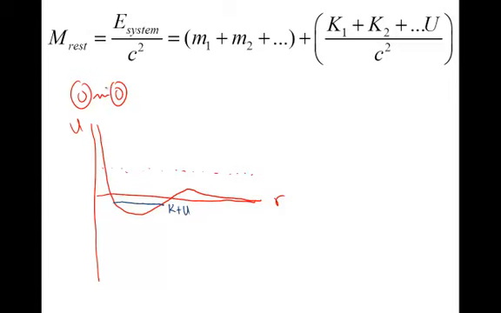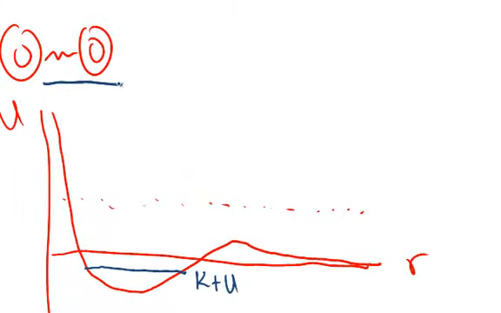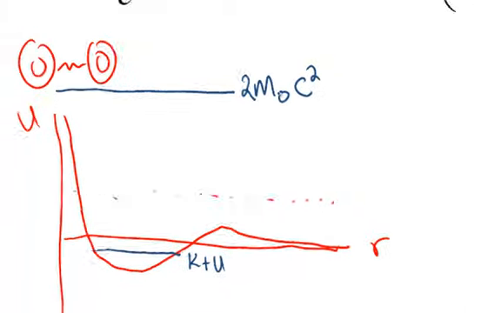Now, for these two atoms, if we just look at the energy associated with the sum of their two rest masses, so this is not exactly to scale, but let's say that this is the mass of an oxygen atom times 2 times c squared. So this is twice the rest energy of an individual oxygen atom.